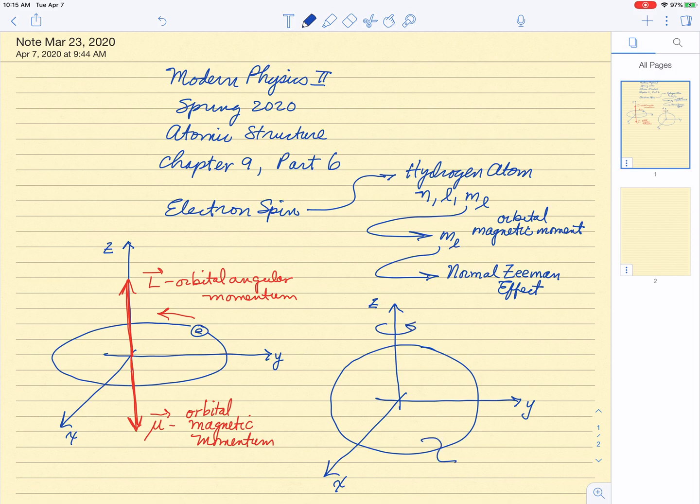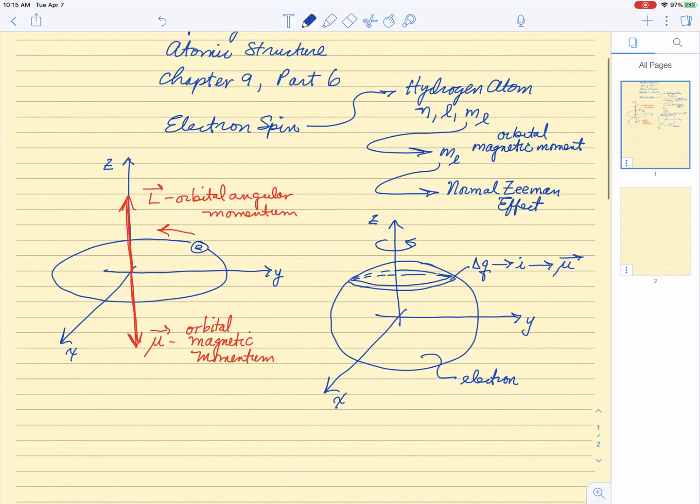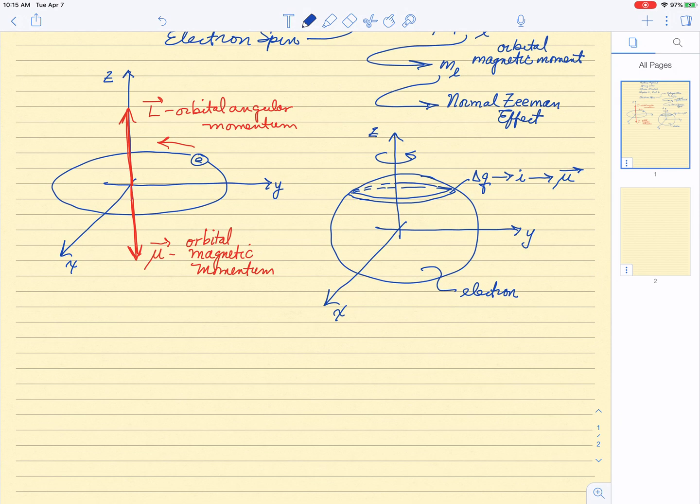And the electron now being negatively charged, being a charged entity, one could imagine that we have these infinitesimally narrow annuli, each being made up of some small chunk of charge delta Q. By virtue of rotating around that axis, that would give rise to a current, and then that would give rise to a magnetic moment. So in this particular case, however, that magnetic moment is due to the spin of the electron.